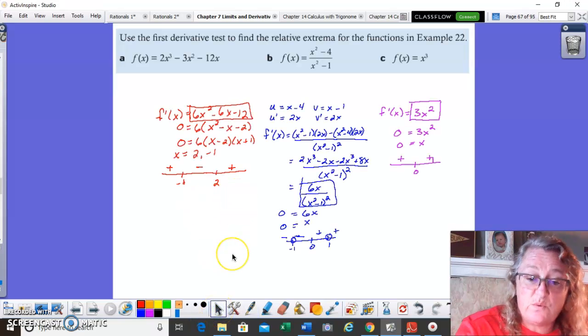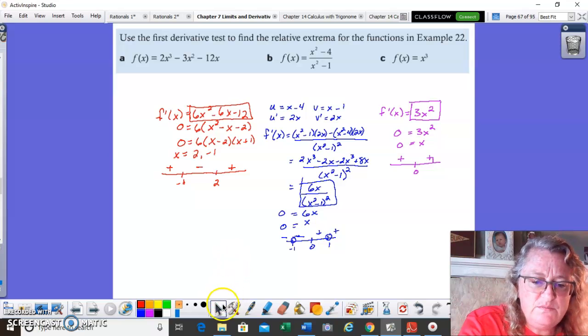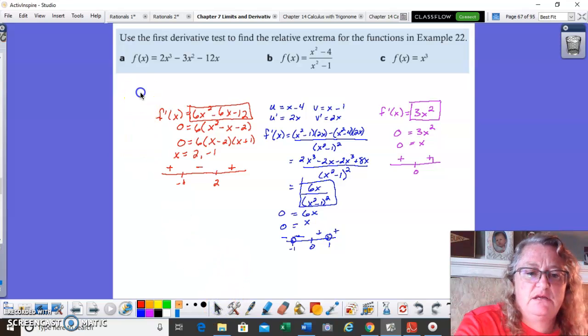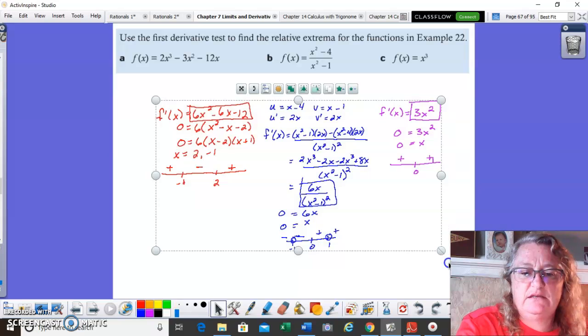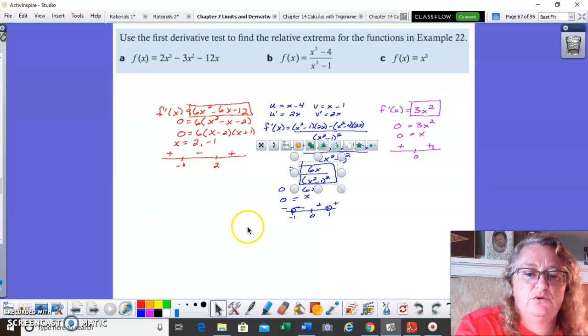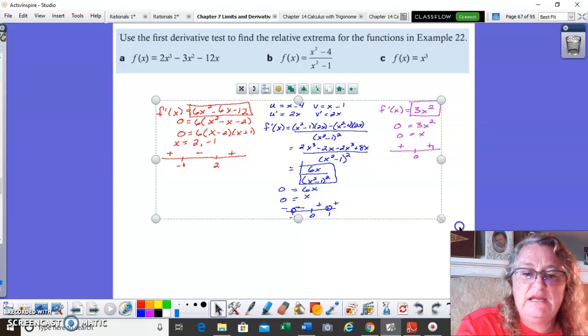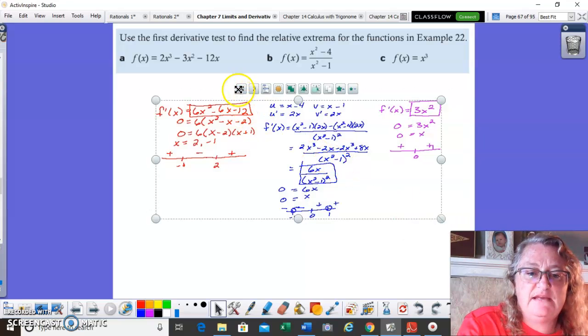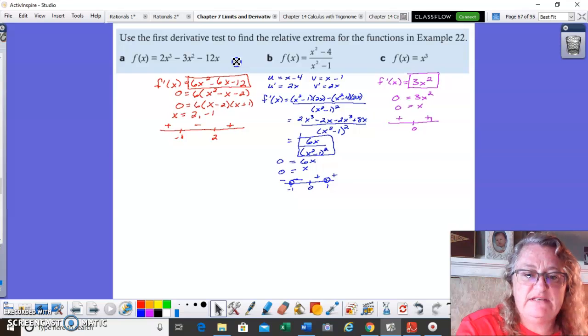Okay, that was the original work we had, right? So I'm just going to shorten that up a little bit here so we don't take up too much space. It's going to look a little awkward because I'm squishing it just this way. But, oops, those are the first derivatives that we found in addition to the sign diagrams. So we've already done that work.